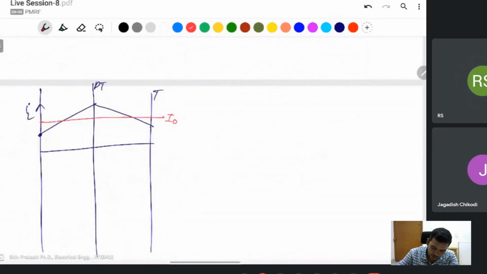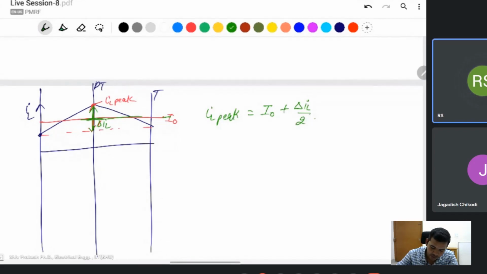Then what will be the peak value? This is IL peak; from here to here is delta IL. So IL peak is I naught plus half of delta IL.